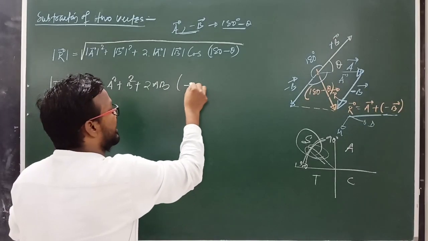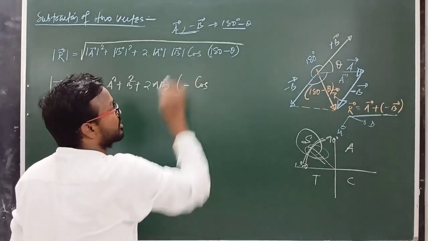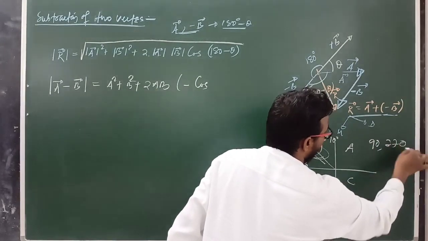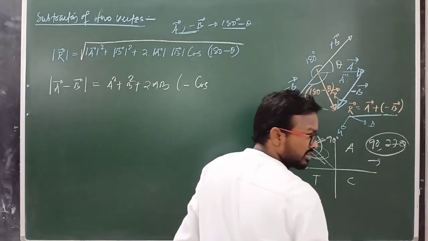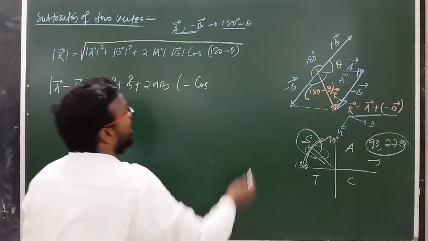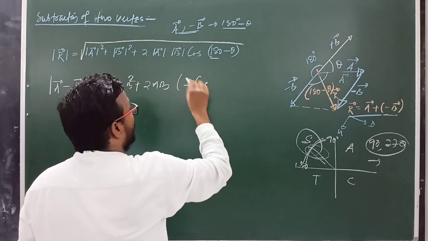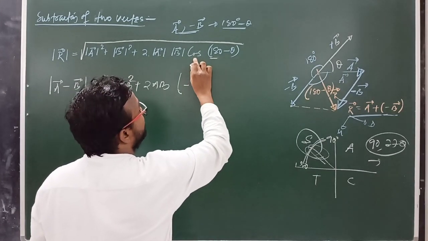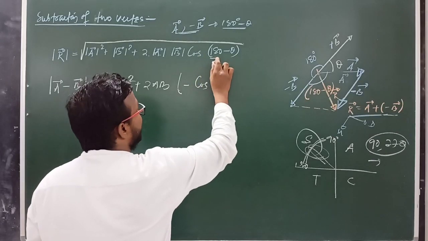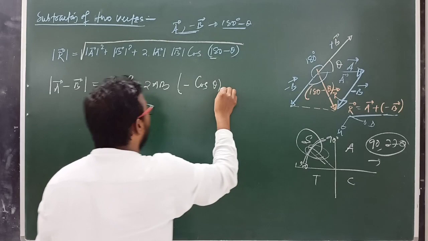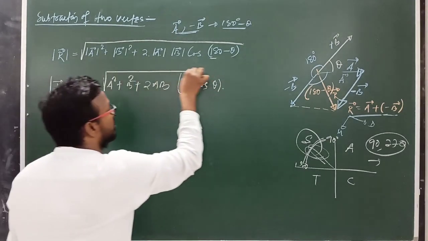So first we have to write here minus cos, because 180 degree. If there is angle 90 and 270, then sin changes to cos and tan changes to cot and sec changes to cosec. But here 180 degree, so we have to write here minus cos. Cos 180 degree minus theta is equal to minus cos theta under root.